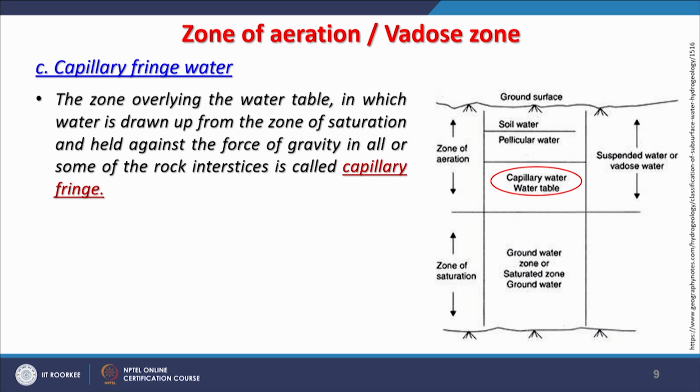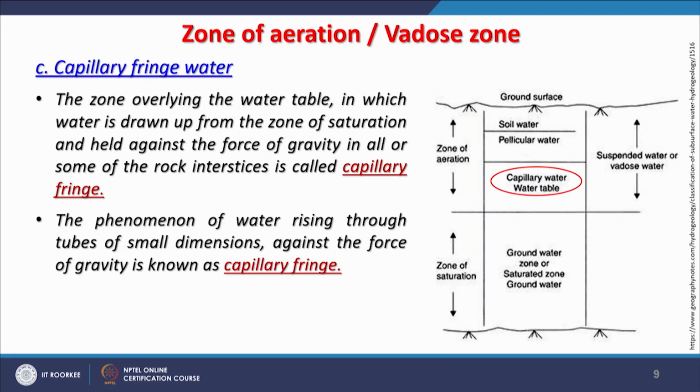So this is another very important thing, that a balance has to be struck. The water should not go up all the time, otherwise it will bring the dissolved salts, and after evaporation the dissolved salt may remain on the surface, and then these soils become completely infertile. This hazard has occurred in many parts of India, especially in Punjab and some parts of Haryana, because of over irrigation, and because drainage systems were also not available.